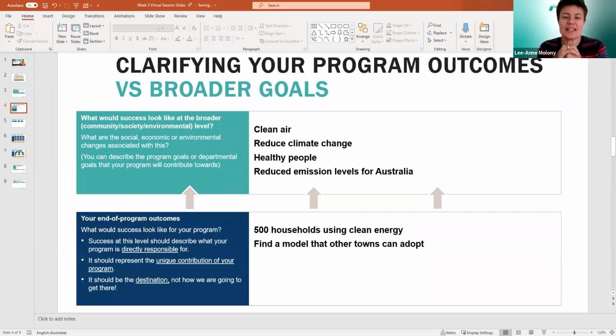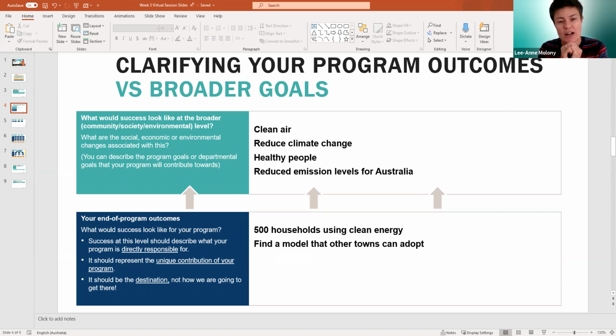So the only thing I'd say about that is that the concept is great. How would we write that? When we're thinking about an outcome, we want to write that as a state.